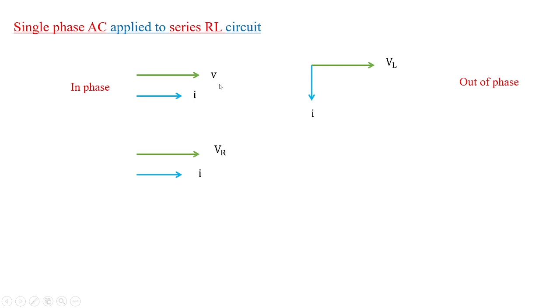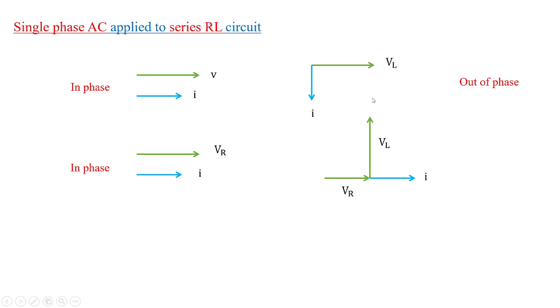For the RL circuit, the resistance has a current passing through it, and that is in phase with the voltage. Therefore, the developed voltage across the resistance is VR, and the current which is in phase with VR is I. In the inductive part, the voltage across the inductor leads the current by 90 degrees.